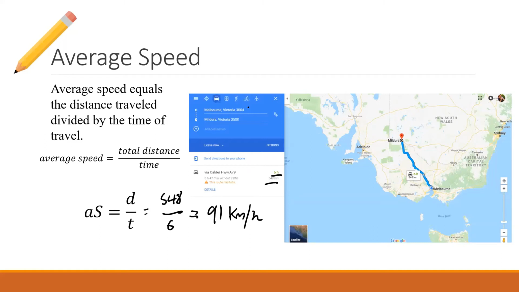Average means it's kind of like saying the average number of children in an Australian household is 1.8. That doesn't mean that millions upon millions of houses have 1.8 children.